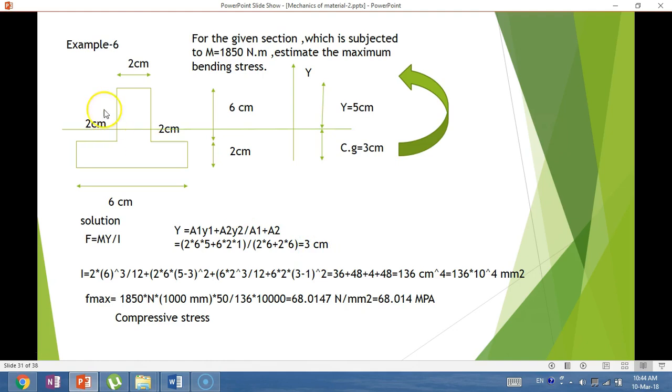We get this y measured from here at 3 cm. So the CG distance is 3 cm from here, and the remaining distance will be 5.